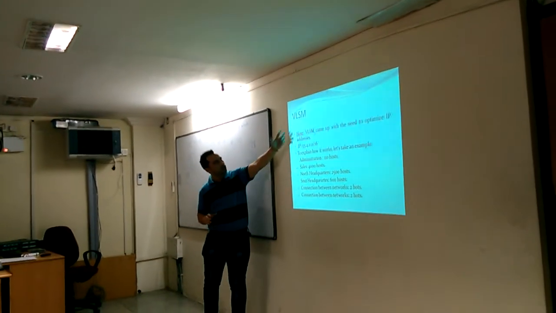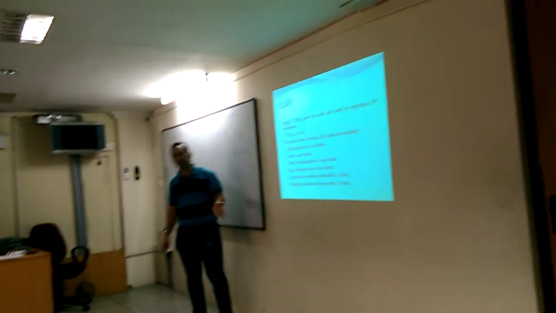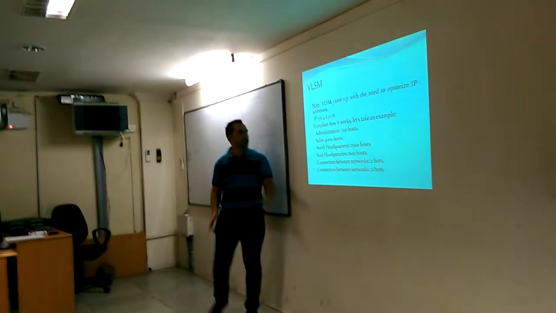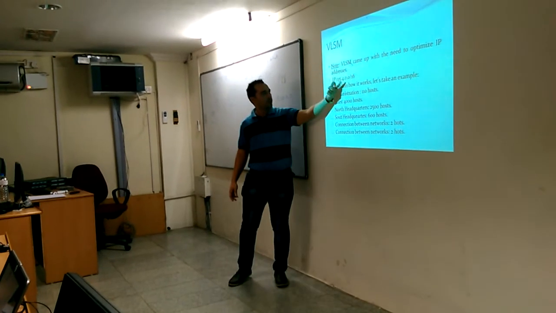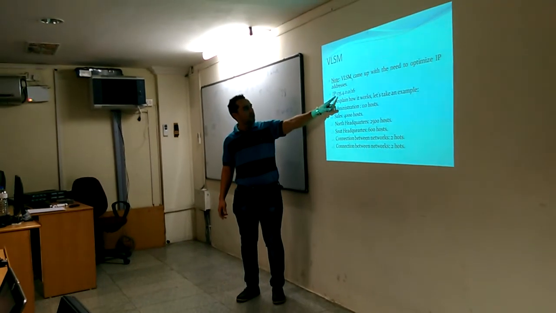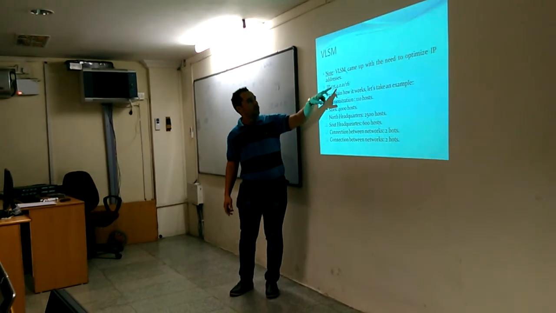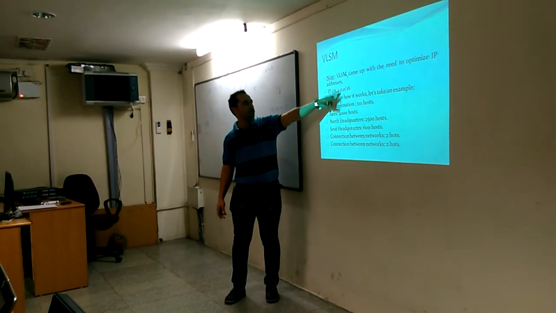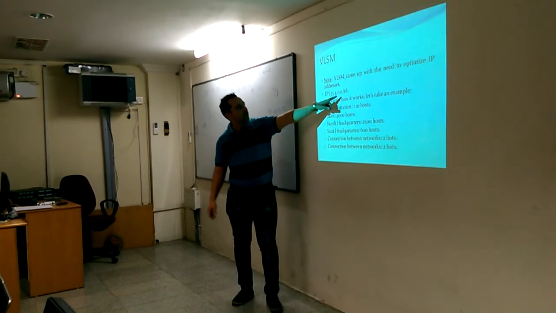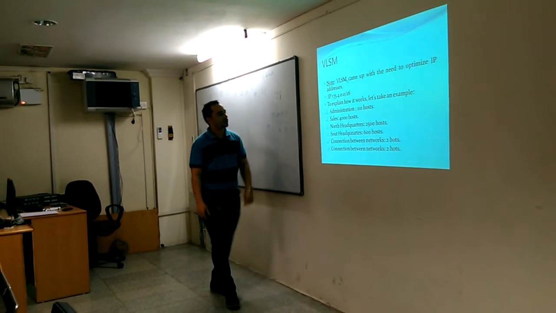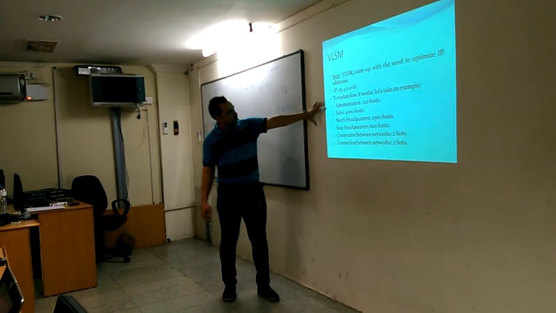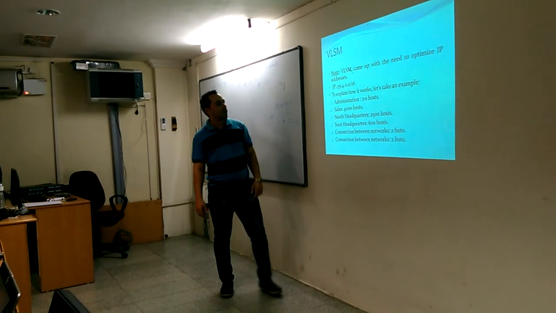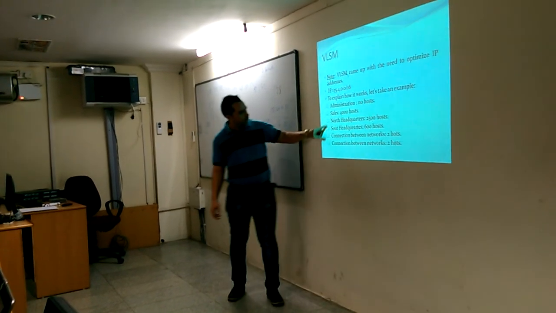But in this example, I have a block of IP addresses, 135.4.0.0/16. To explain that, we need to make 1, 2, 3, 4, 5, 6 subnets.